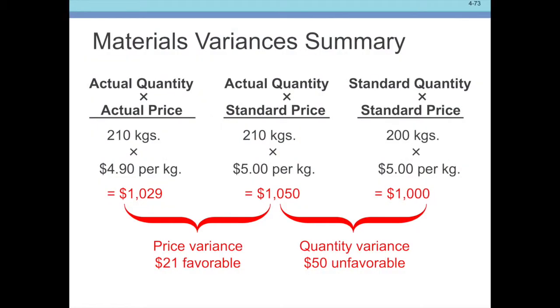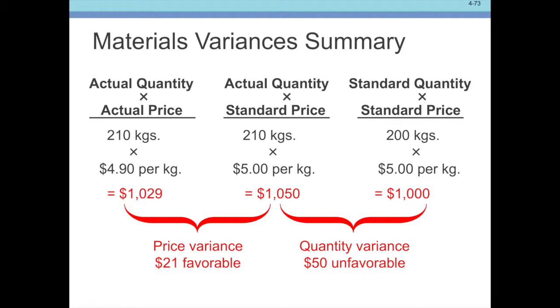That's favorable. So we have a favorable price variance. Looking at quantity, we take the actual quantity times the standard price, which is $1,050 as we know, and then we compare it to the standard quantity at the standard price.